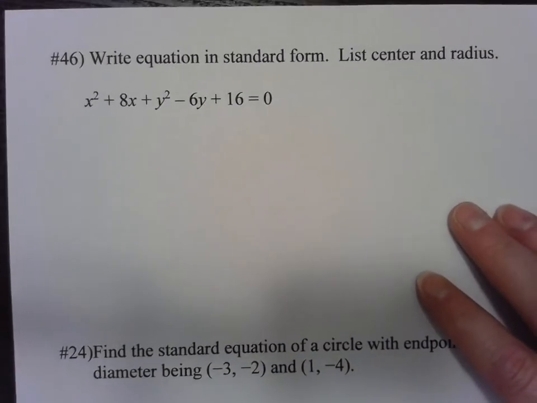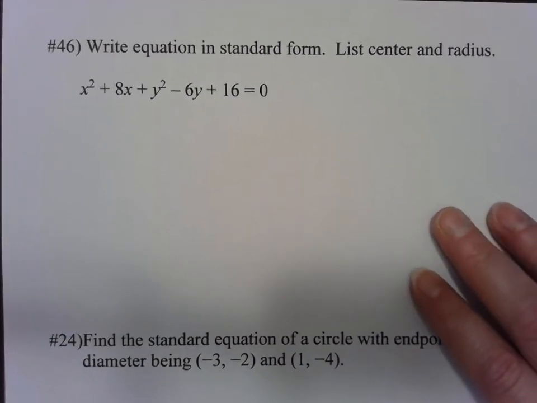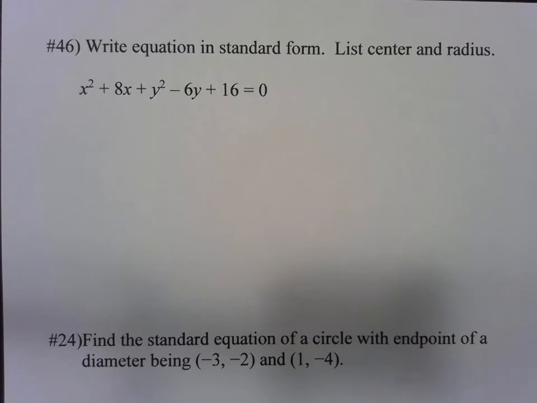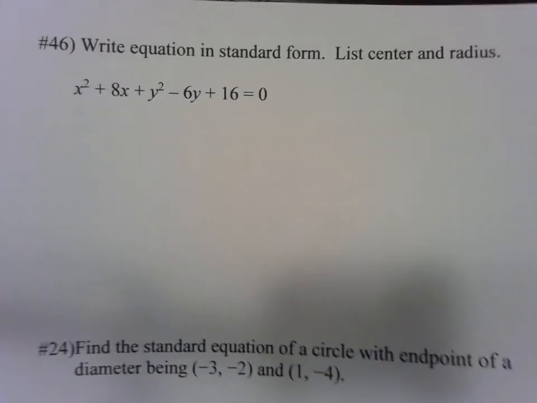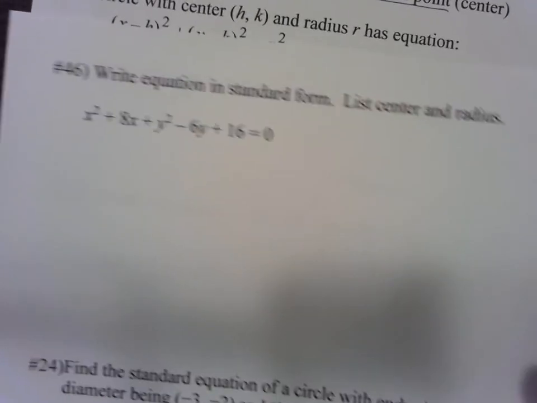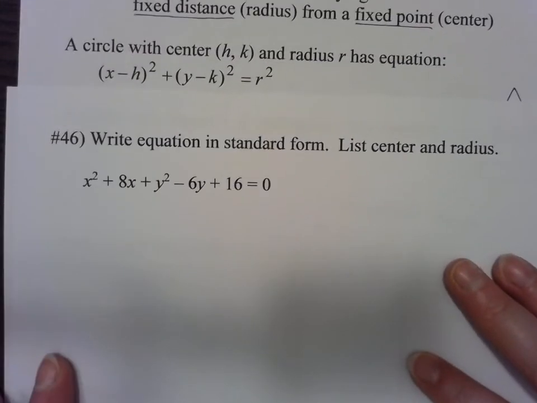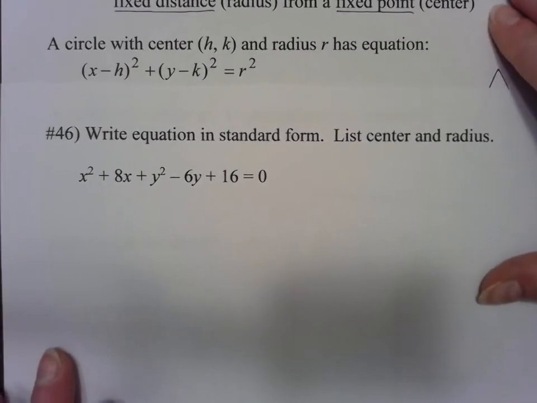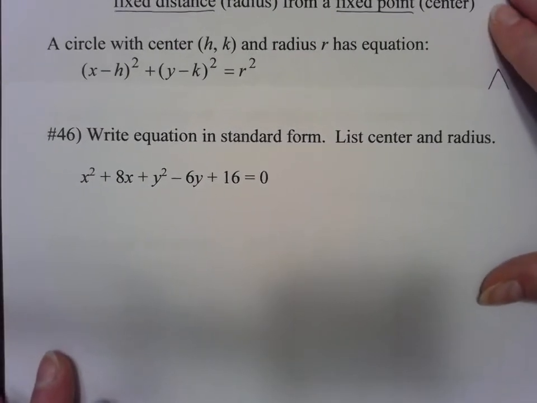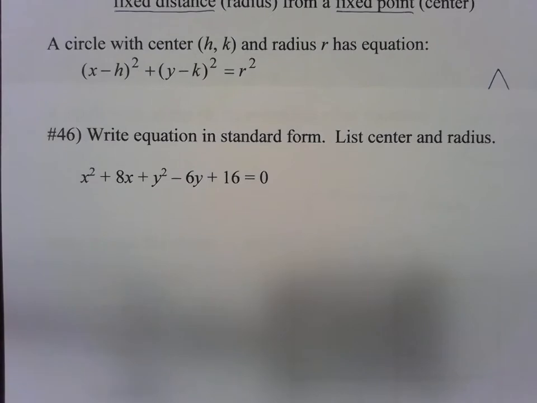Okay, sometimes you will be given an equation for a circle that is not in standard form, and you will be asked to put it into standard form. Let me put our standard form back up here. Okay, so to put it into standard form, you will need to do some completing the square.